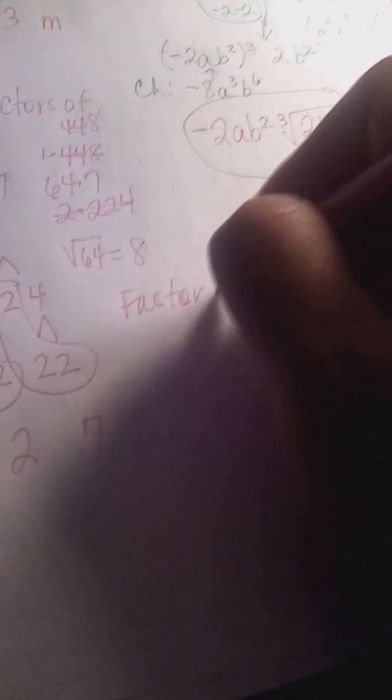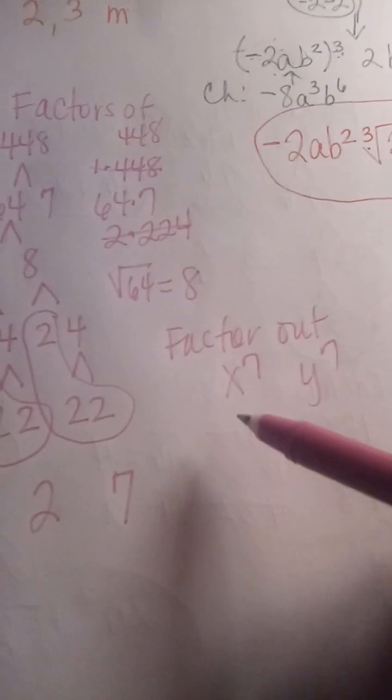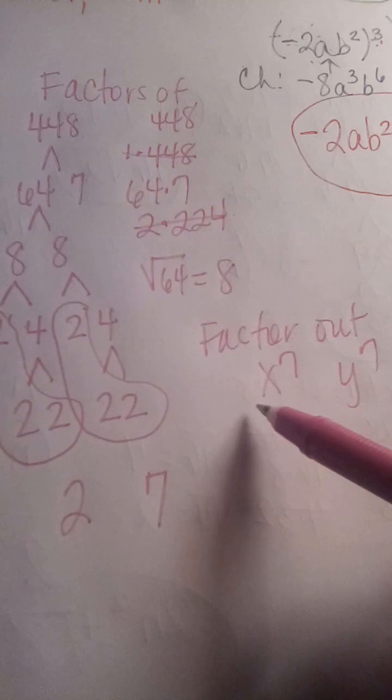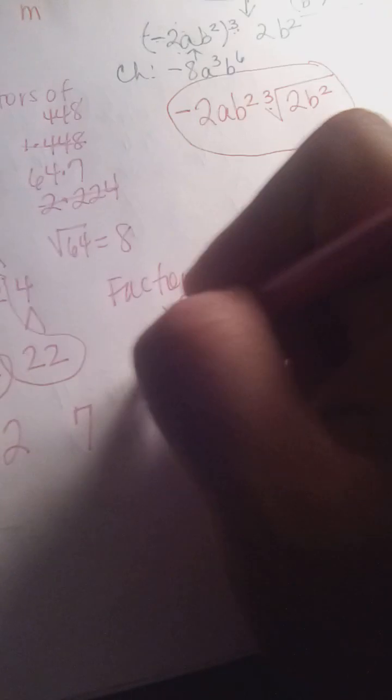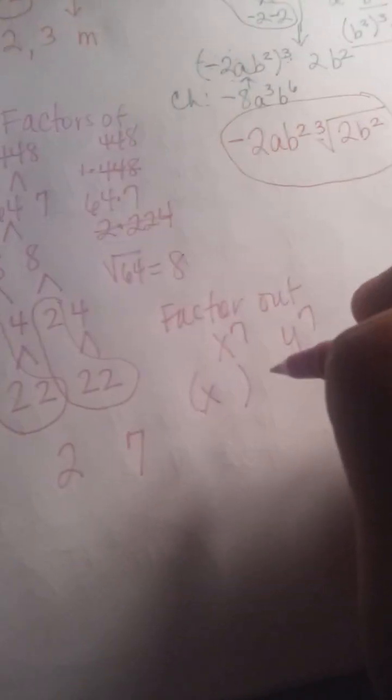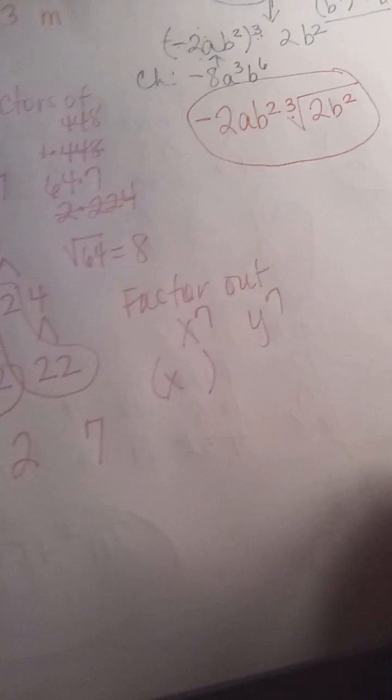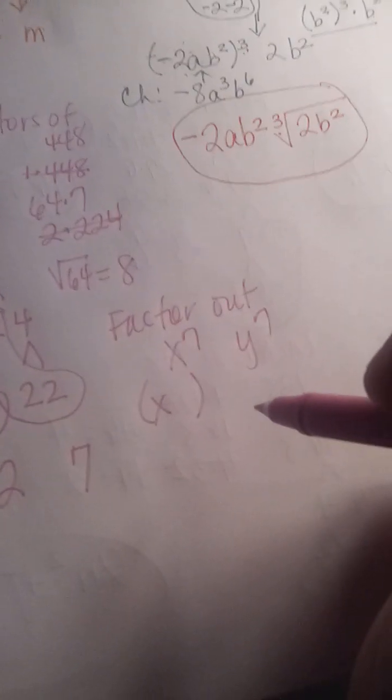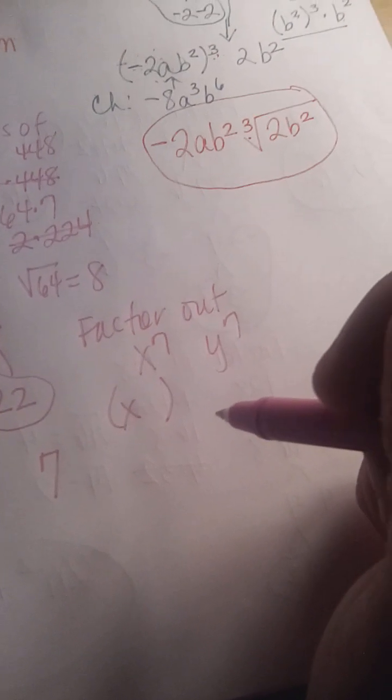Now we can factor out this. X to the 7th, y to the 7th. We could do this. Hold on a second.